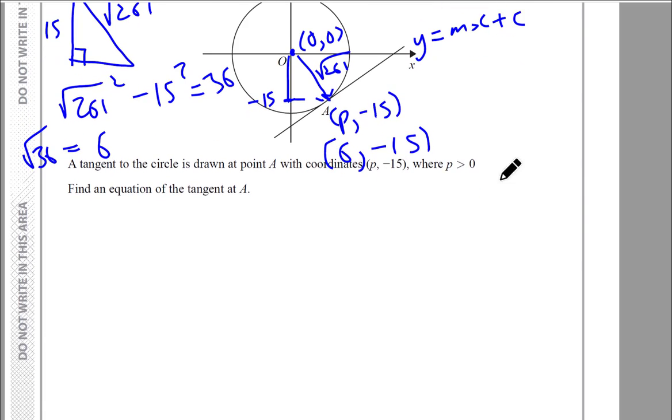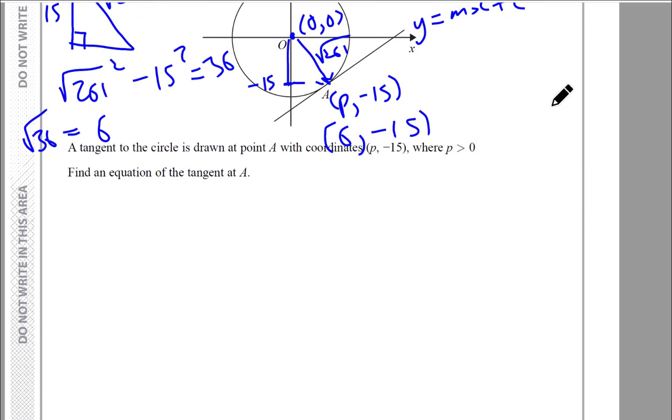So let's scroll down a bit. So we need to find the gradient. Now that we've got, let's show you here, we've got this triangle here, that's 6 and 15. Now it's a negative gradient, so the change of y divided by the change of x, so m1 is going to equal minus 15 over 6, it's going downhill.